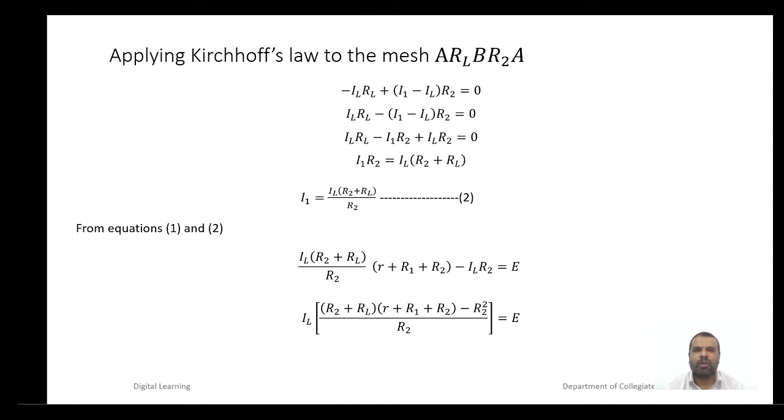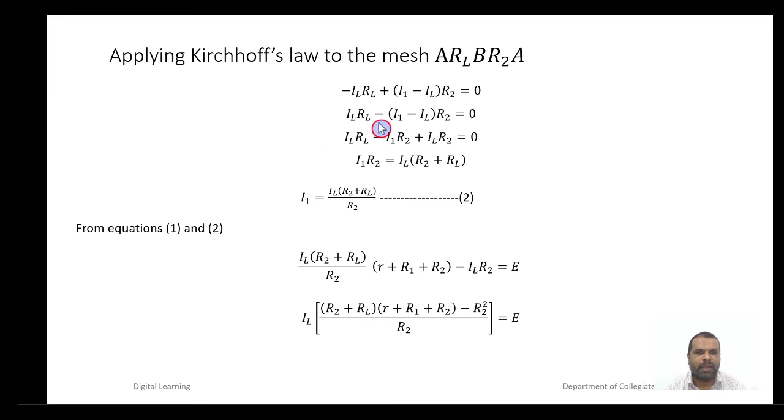Applying Kirchhoff's law to the mesh A, RL, B, R2, A: minus IL RL plus (I1 minus IL) into R2 is equal to 0.